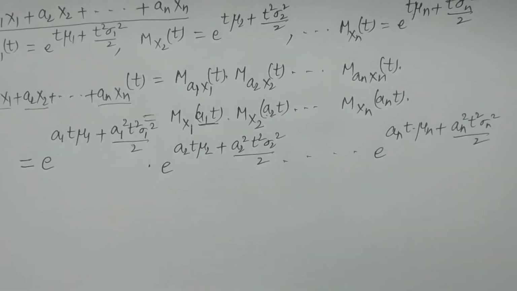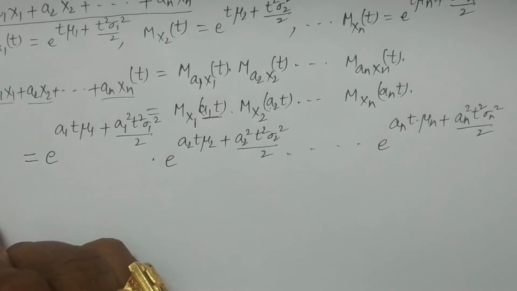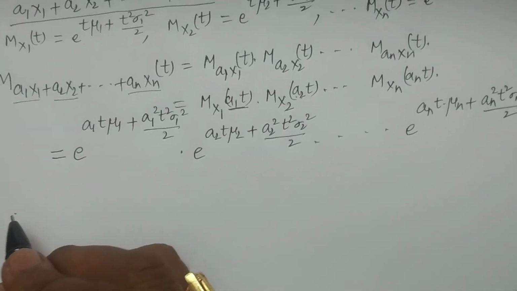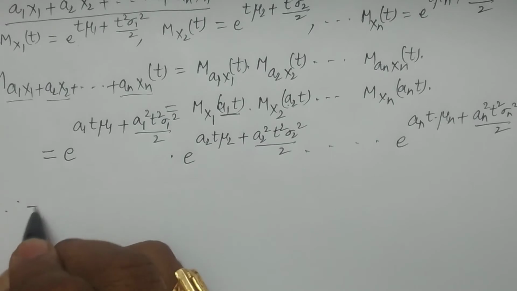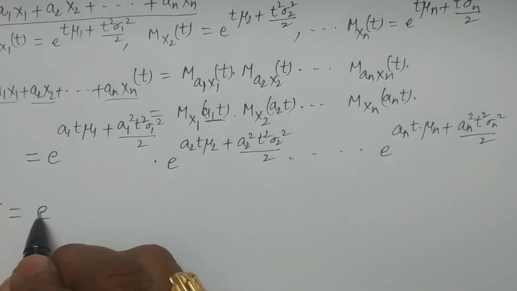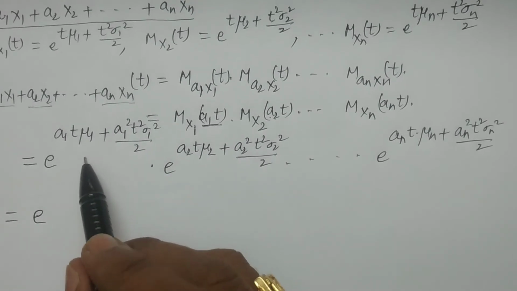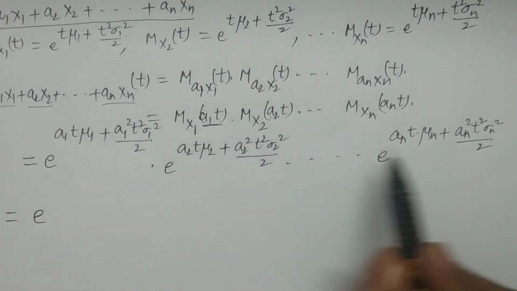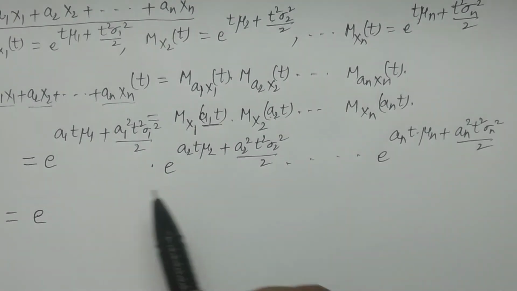If we add all, we can write this simply as e power, now simplifying every particular factor, all are e powers, so we can simply add the powers.